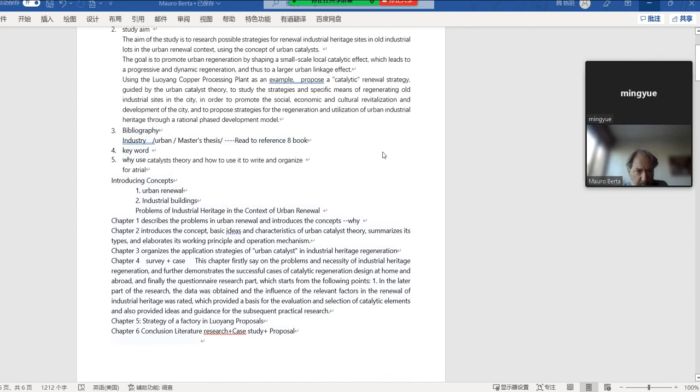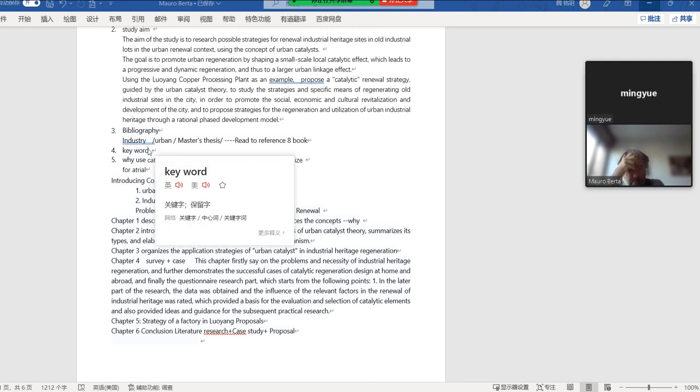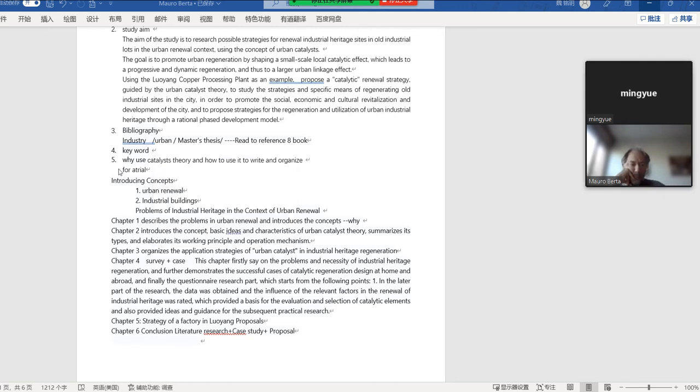Number 4, I think, maybe needs a survey of the people who live in the areas, combined with a case. I want it to be more like a research approach.